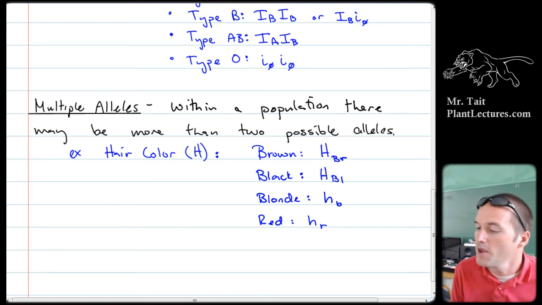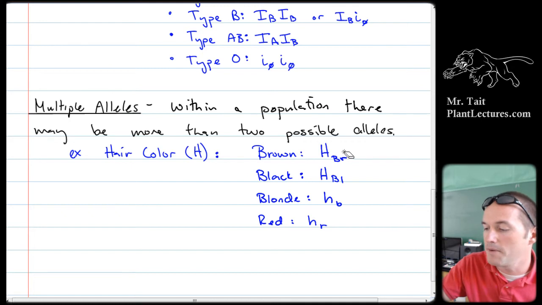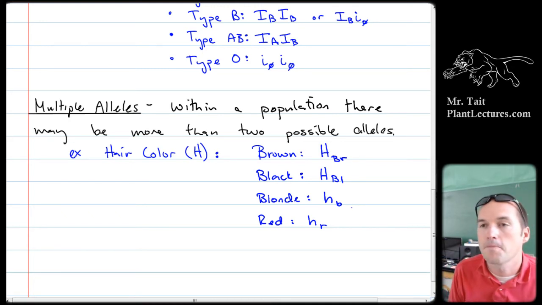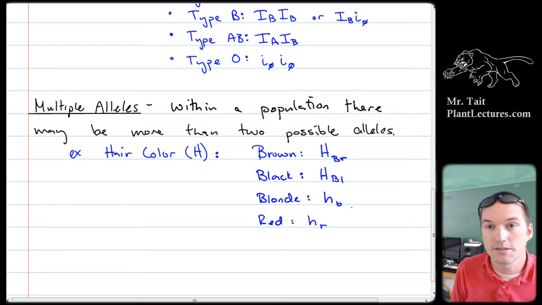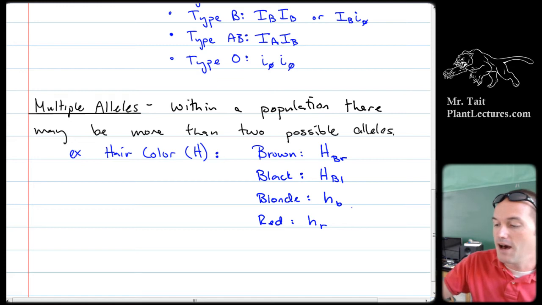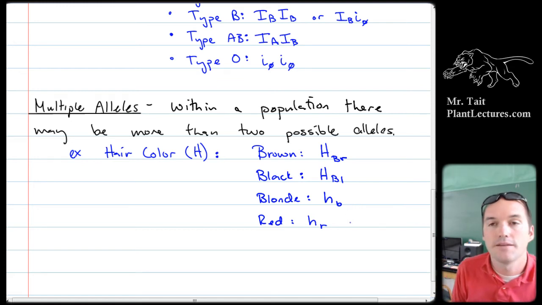So what type of dominance would be going on with those 2 genes? Codominance. Okay? What about if a person has one brown and one blonde? They have brown hair, right? So what type of dominance is that? Complete dominance. What about if it's blonde and red? It's light red, which is what type of dominance?